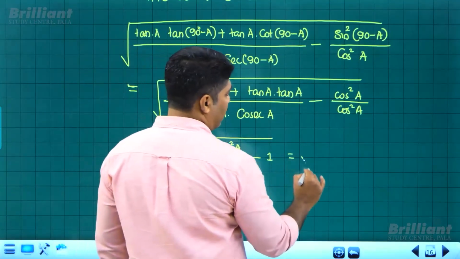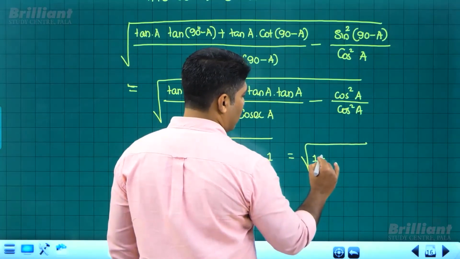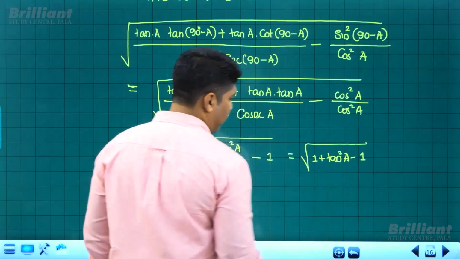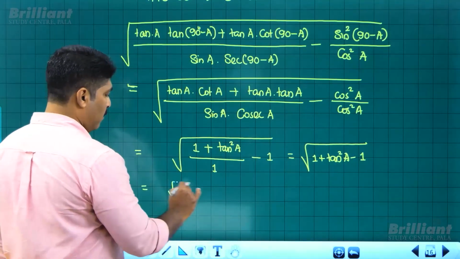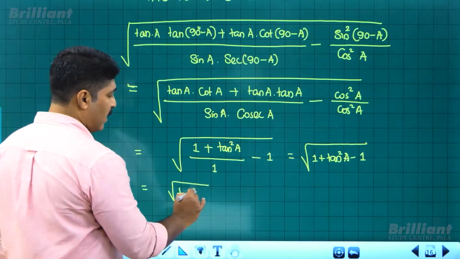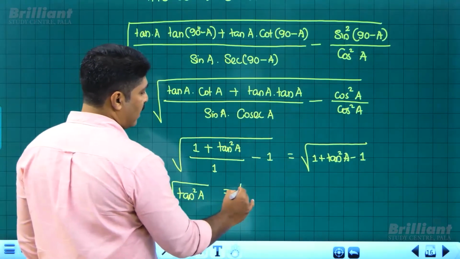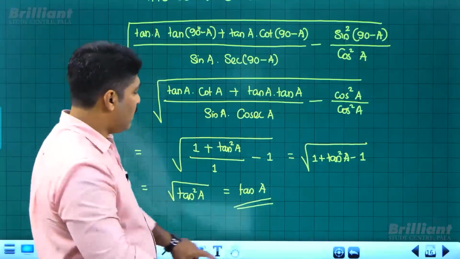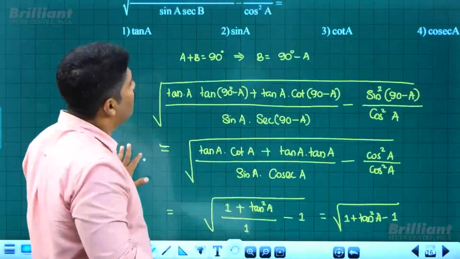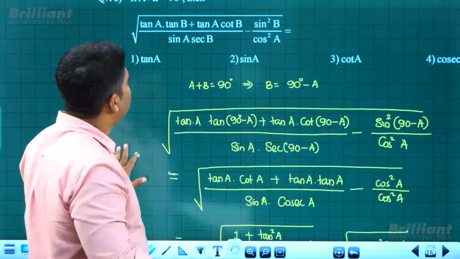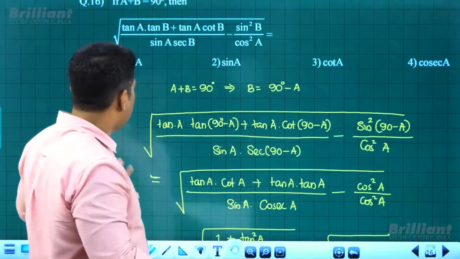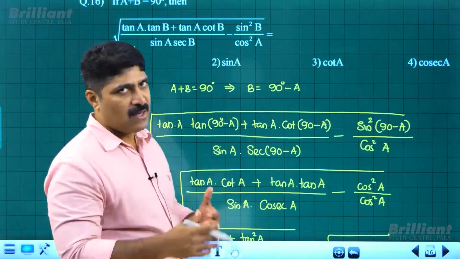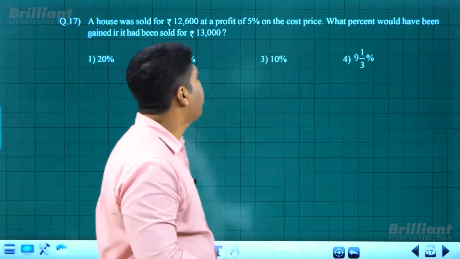Or this is simply root of 1 plus tan square A minus 1, or simply root of tan square A. So hence we can write the answer as tan A. Correct? So this is the answer here, tan A. So that's a trigonometric relation-wise rearrangement.